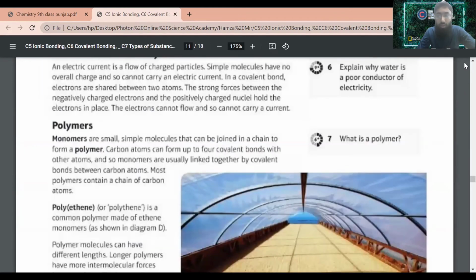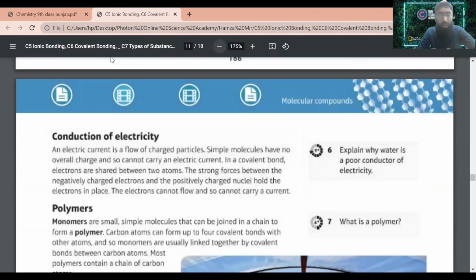Now the next topic is about conduction of electricity. Very important, from the concept of ionic bond, and we missed that concept in ionic bond.